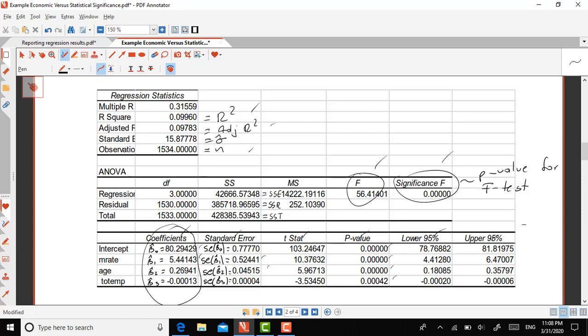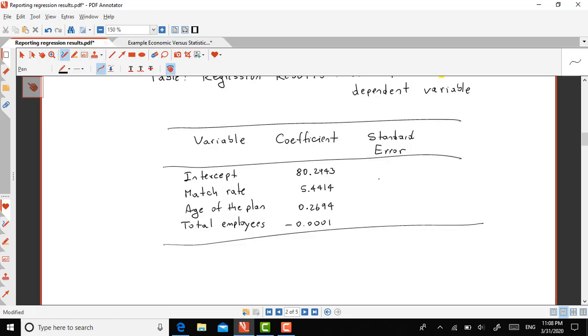So I'm basically copying and pasting those values into my table: 0.0771, 0.5244, 0.0452, 0.0000.